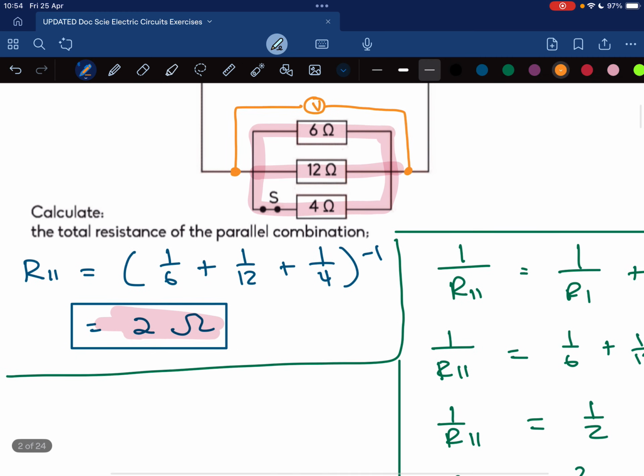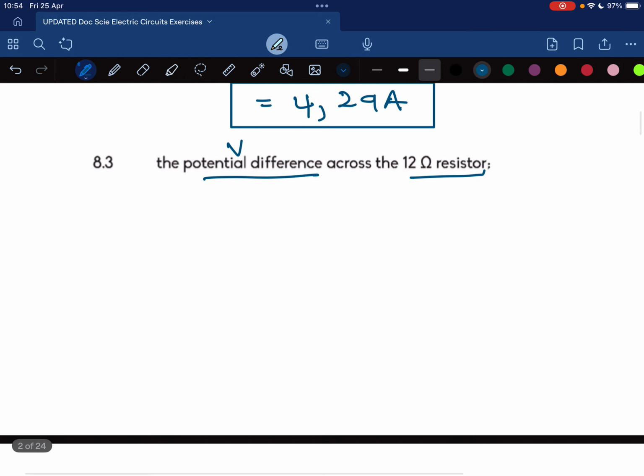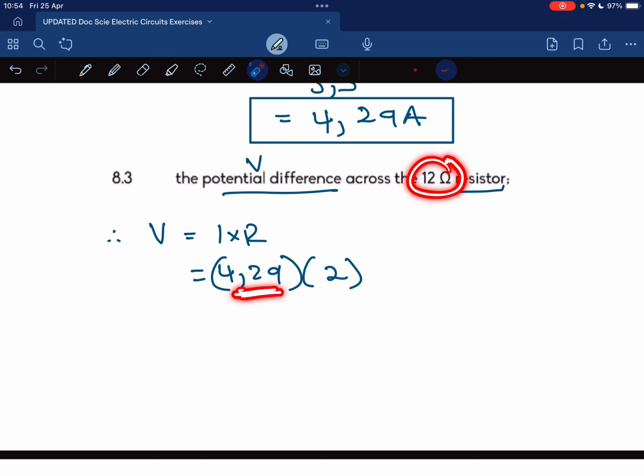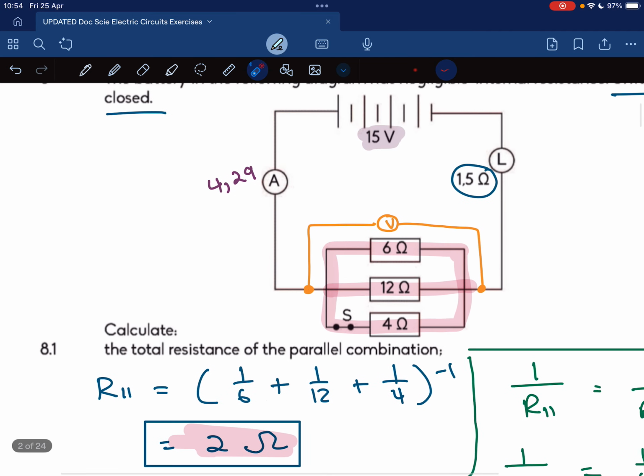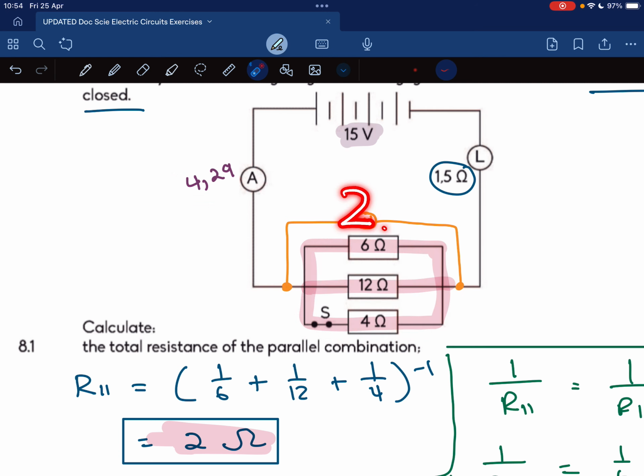So I can use that to my benefit to find the voltage. Therefore the voltage is equal to I times R. The current is the 4.29 that I just calculated, multiplied by the effective resistance, which is 2. We're not using the 12 yet because this isn't the current that goes through the 12 ohm resistor. I don't know the current that goes through the 12 ohm resistor, but I do know that 4.29 amps is what's going to go through this entire thing, which I found to be 2 ohms.